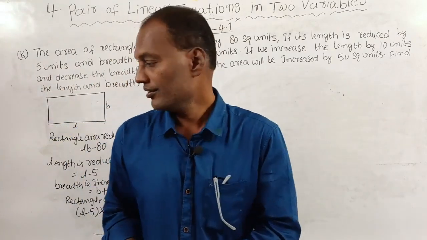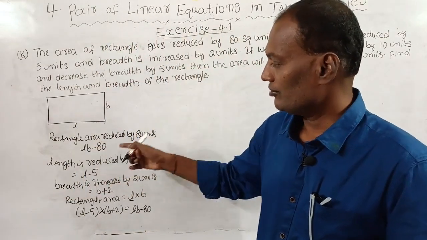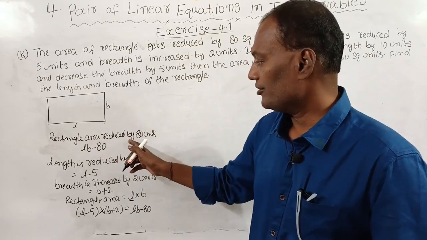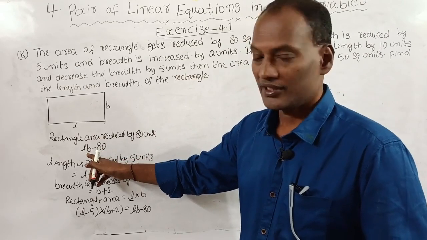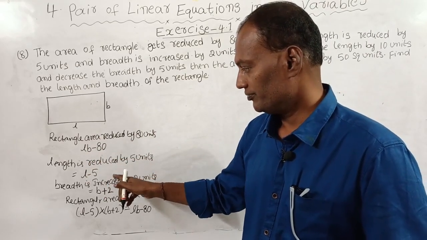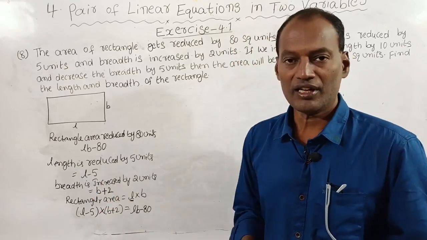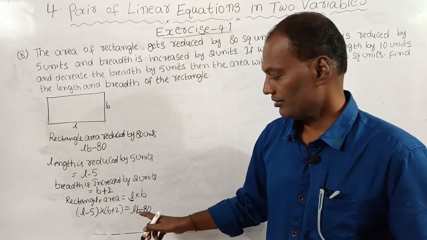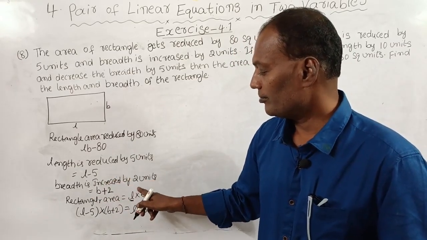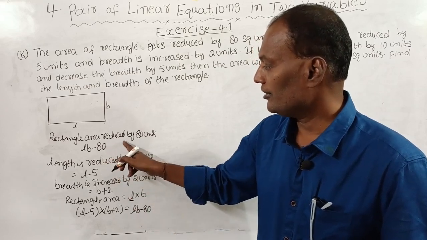You got it? There is nothing confusing. Whatever they have given, we are just making equations like that. Rectangle area reduced by 80 means LB minus 80. Length is reduced by 5 units, L minus 5. Breadth is increased by 2 units, B plus 2. L into B equals the rectangle area reduced by 80.